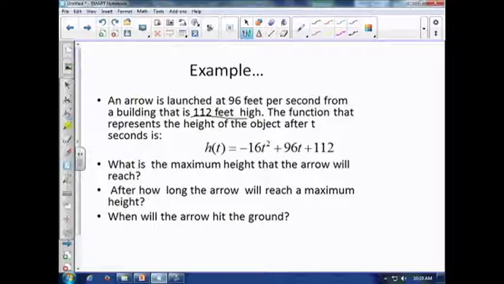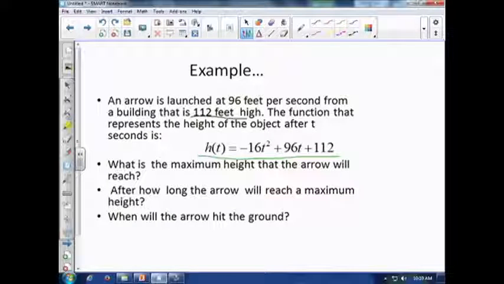The function that represents the height of the object after t seconds is h of t equals negative 16t squared plus 96t plus 112. And you can realize this is a quadratic function. H represents the height, h of t, the height after t seconds. So t is the time in seconds, and h is the height.